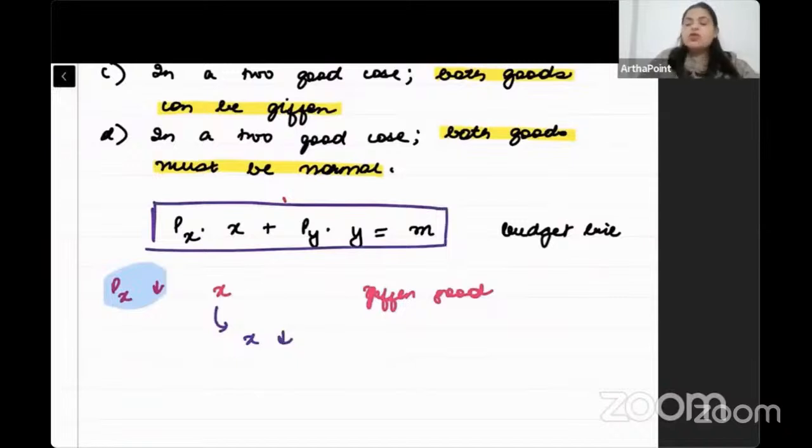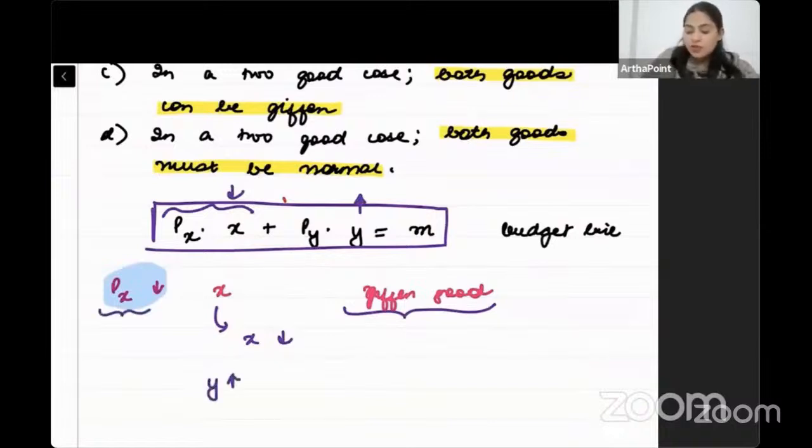So if one is an inferior good and you have reduced your expenditure on that good, then to satisfy this equation, the consumption of the other good must increase.